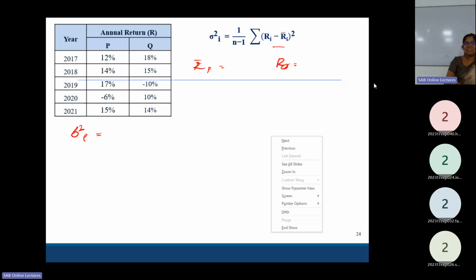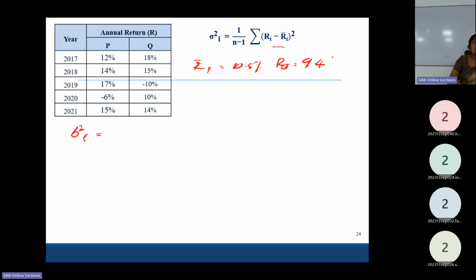Right, right. What is the average R P, the average of stock P? 10.4. Yes. Then the average for company Q, 9.4. Right. So calculate the variance and standard deviation, because you have to define the level of risk.